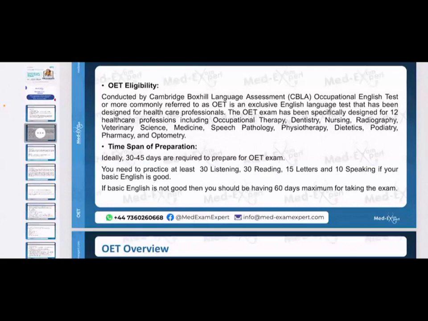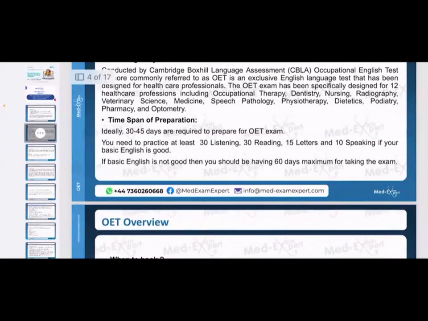So these are 12 healthcare professions that can take this exam, who are planning for settling abroad and pursuing their career abroad. These are some of the professions which I just named in front of you.